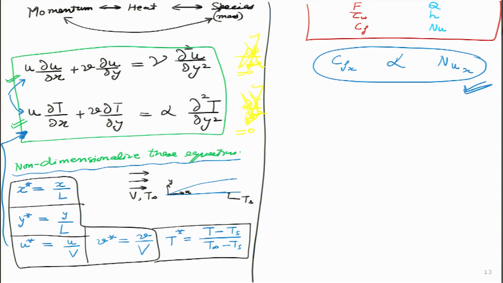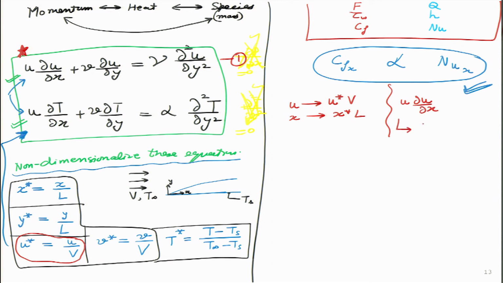So, let us see what will happen for the first equation. I am looking at this first equation over here, I will put equation number 1. So, u del u by del x. Here, I want to replace u with u star into capital V, and x in the denominator I can replace with x star into L. What does this mean? u del u by del x can become what?